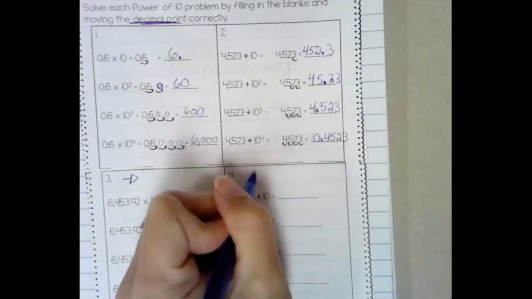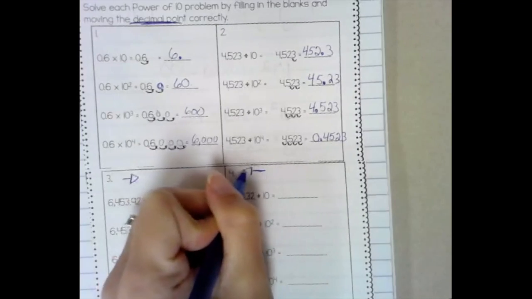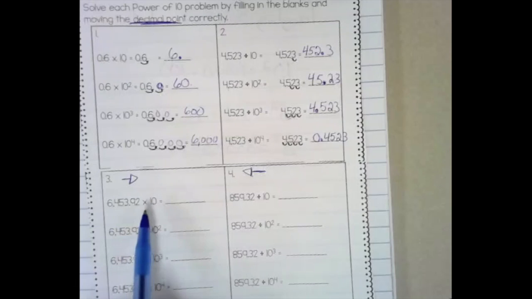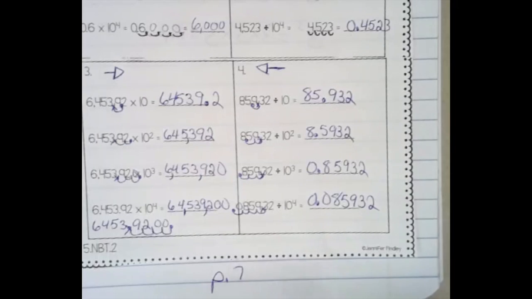And all of number 4 is division, so the decimal point for division is going to move to the left, just like it did for these up here. So I want you to pause the video, answer these, and then you can unpause the video and see how well you did.